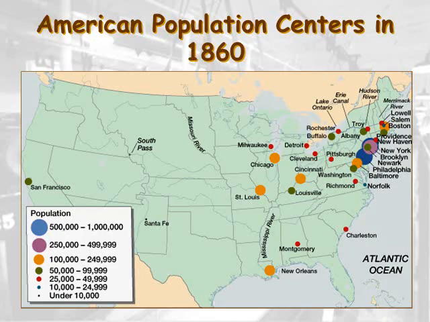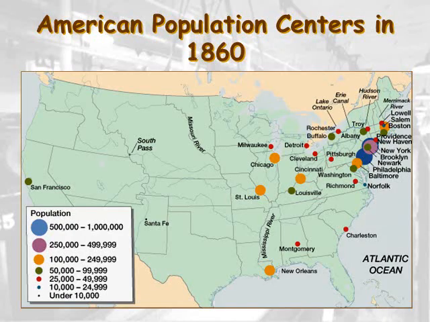You can see that by 1860, the cities are much bigger, but one thing that hasn't changed is the major population centers in the South are still New Orleans, Montgomery, and Charleston, whereas in the North, the Northeast, and the West, you can see an explosion of population.